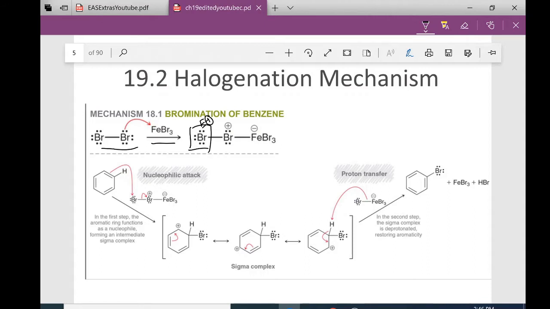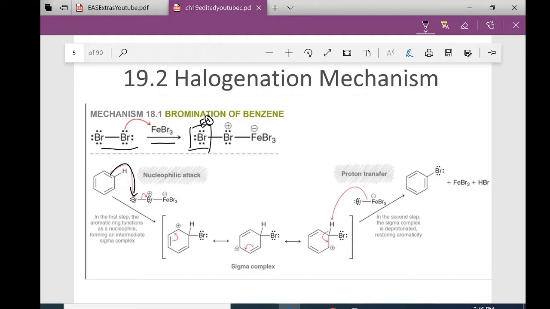So the FeBr3, the iron tribromide, accepts a lone pair from one of the bromines on the dibromide molecule. And that's going to create a strong positive charge on one of the bromines, allowing the ring to act as a nucleophile, attacking one of the bromines and kicking out the iron tribromide with the extra bromine.